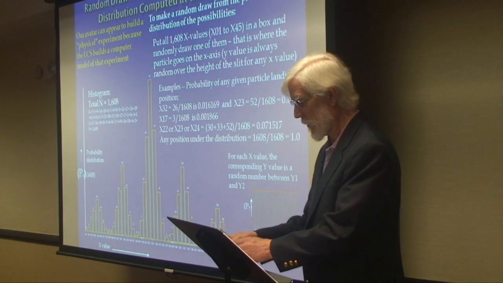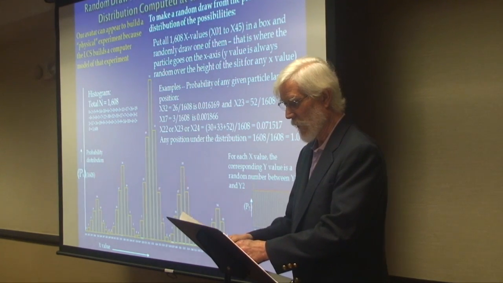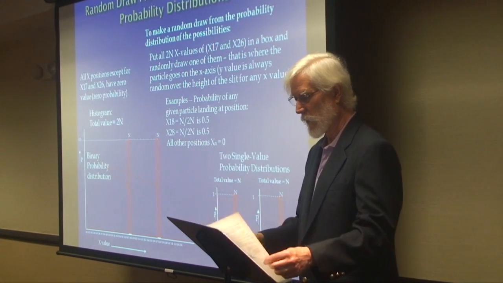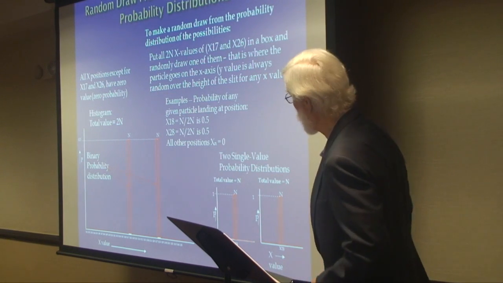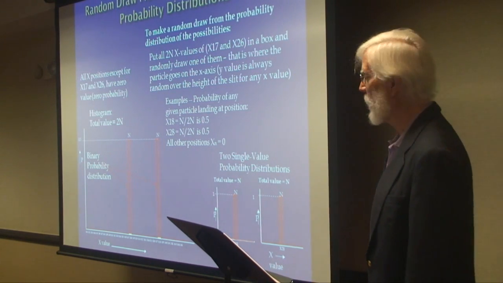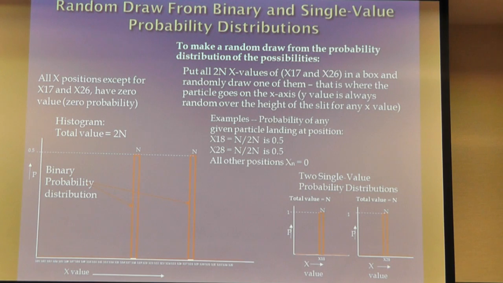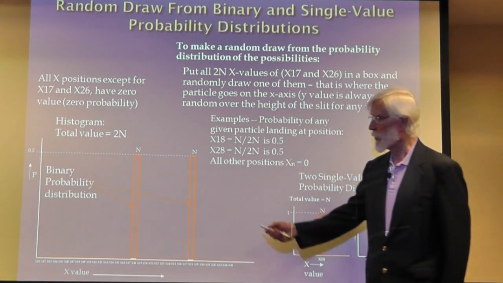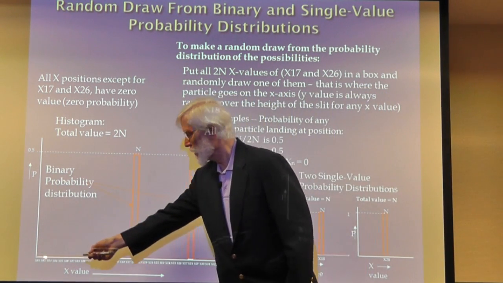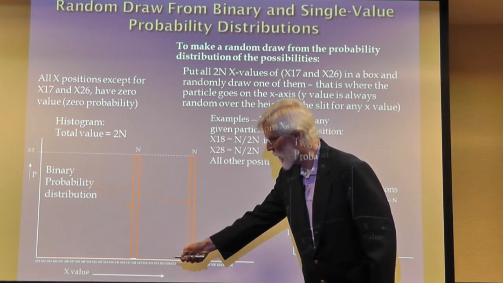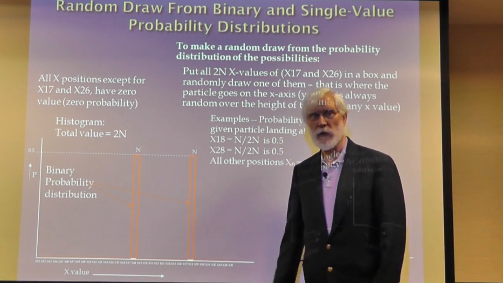All right, let's go on. I'll show you a couple other distributions that you might find interesting. This would be a binary. So it's 0, here's the probability. It's 0 everywhere except right at that value and at that value.